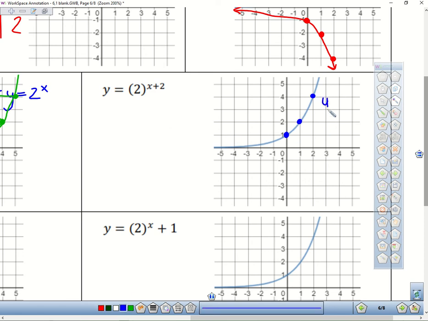So this is the equation, y equals 2 to the x, and we're going to shift each one of these 2 units to the left. Just like this.